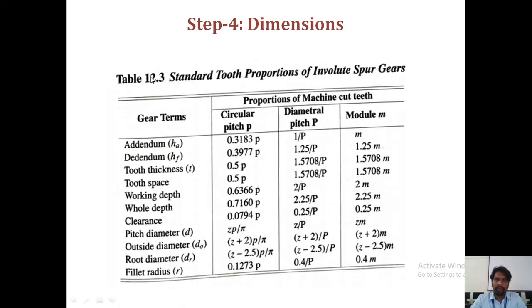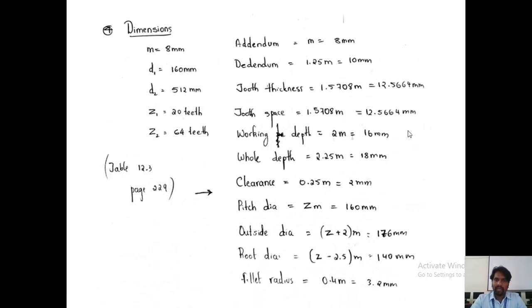From the table 12.3, in the third column, each parameter will be in terms of module. You prefer this. So we need to calculate the addendum, dedendum, tooth thickness, space, and so on, by using these relations. Calculate all the parameters by using the table 12.3.